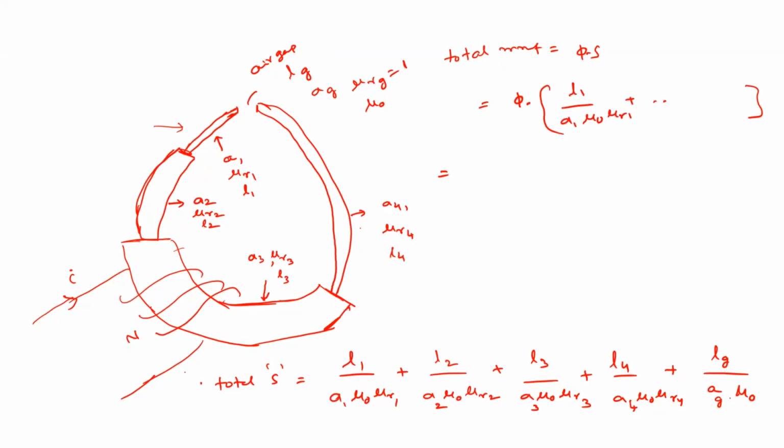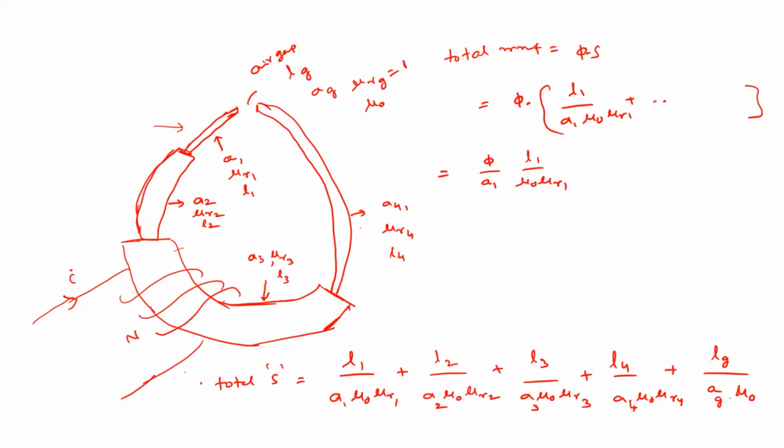We can rewrite this one. This phi by A1 is the first term. So what are you left with? You are left with L1 by mu naught mu R1.